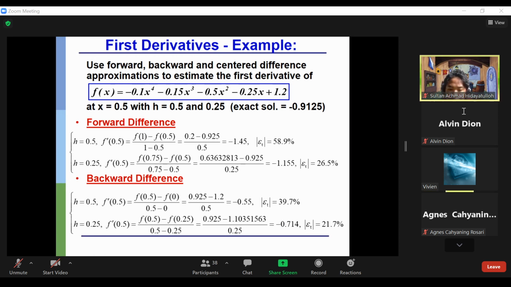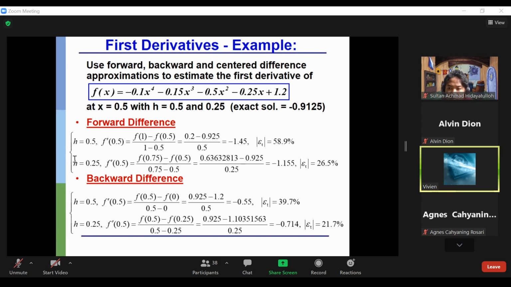Okay. So we will compare several methods that are available, several schemes such as forward, backward, and central difference, to estimate the first derivative of these equations. Now, this is actually a very simple equation.